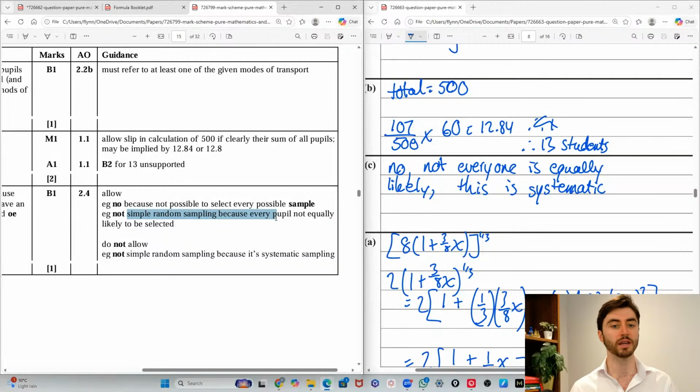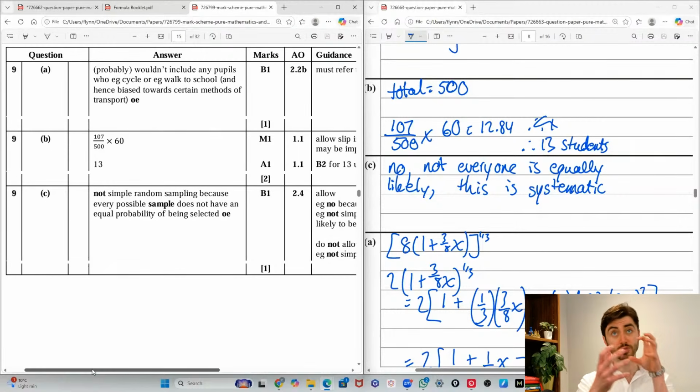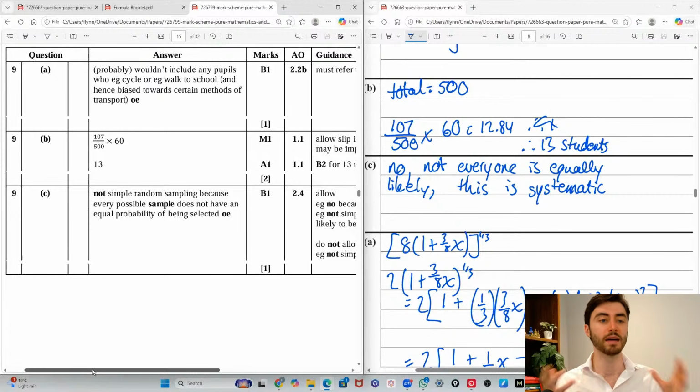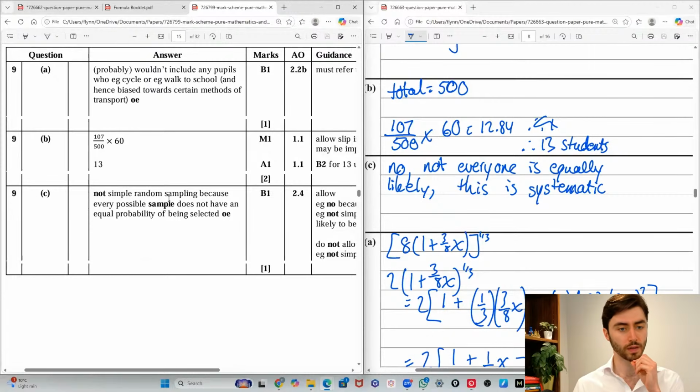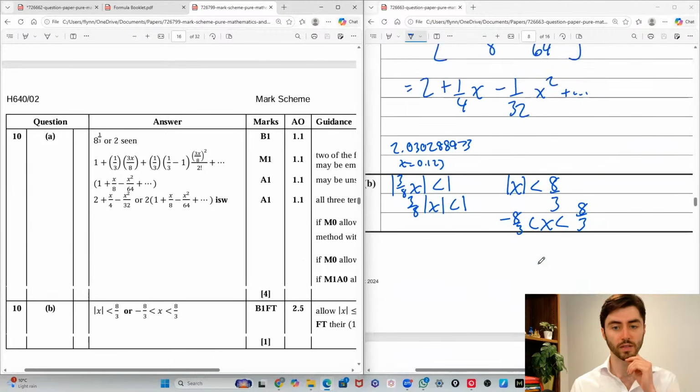Allow simple random because every pupil is not equally likely to be selected. That's the one I went for. It does get the mark. But strictly speaking, for simple random, it's every sample being equally likely, not every individual student. That's required there. So good to know about the tightness of the wording that they want.